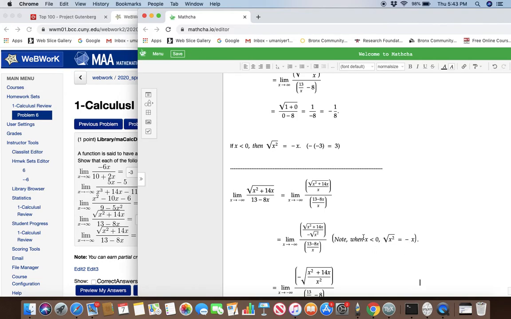So think again, when x is negative, pretend x is negative 5. Then negative of negative 5 becomes positive 5. Because I'm getting a positive square root, I'm always going to require a positive answer. So if my x is negative, I have to add one more negative to make the expression positive.